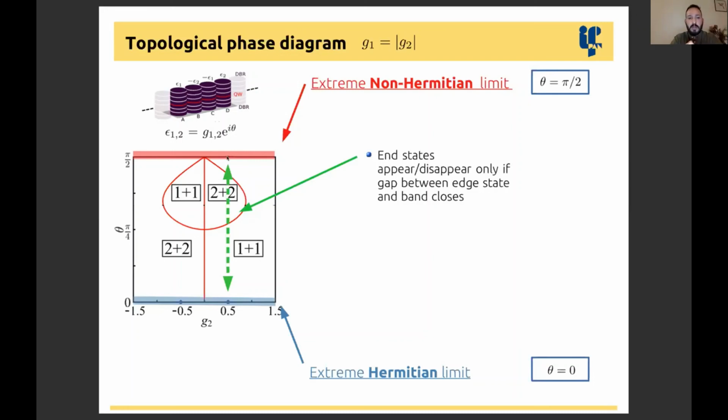So if we go back to this phase diagram, I brought you from the Hermitian point and entered this phase. So you see this is 2 plus 2: 2 on the left, 2 on the right. Eventually, if we keep on increasing theta, I can go out of this phase and go back to the 1 plus 1 phase, which is this one.